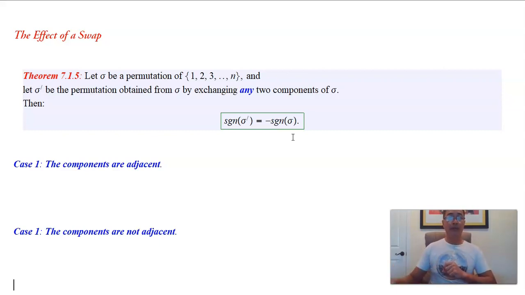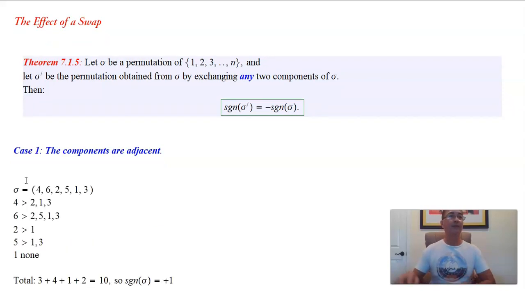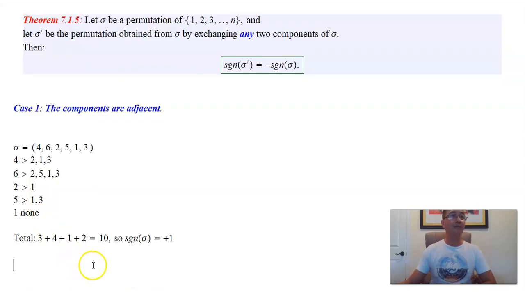Okay, we are going to break down the proof into two cases. First case, the components are adjacent. They're next to each other. So I have prepared our last example where we have sigma, and we counted and listed down first the inversions.